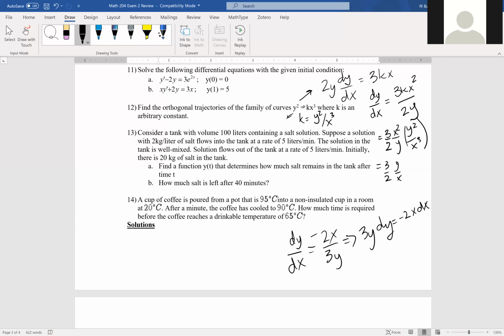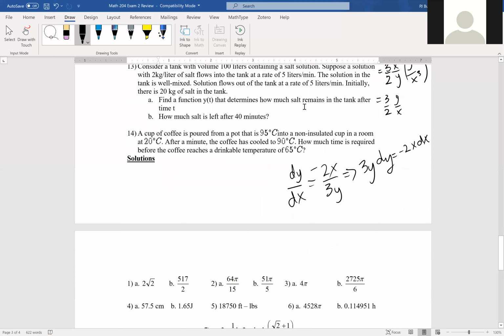All right, so then integrate both sides of that equation. You would get 3y squared over 2 equals minus x squared plus a constant.